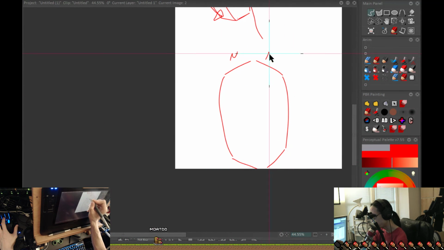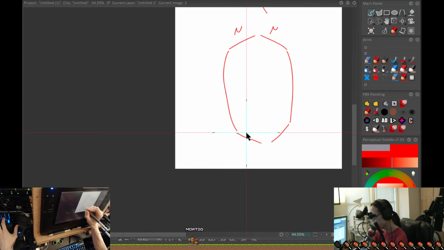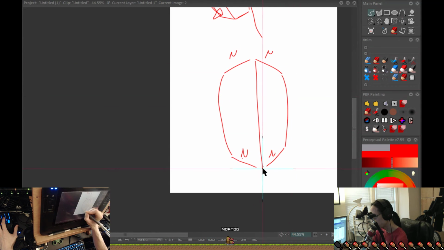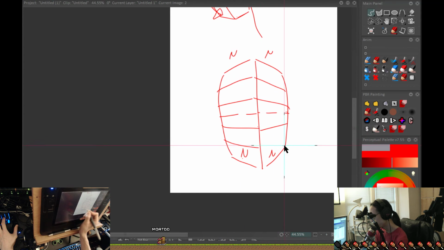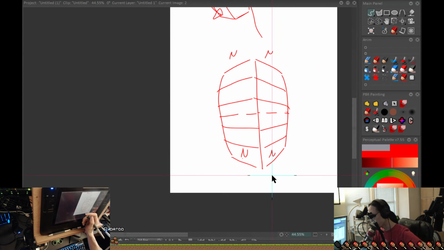These are the near lines here. These are also near lines here. And everything in between starts to flatten out. Then it inverts. There's an inversion. Like that. So that's how you can handle looking up and looking down at things.